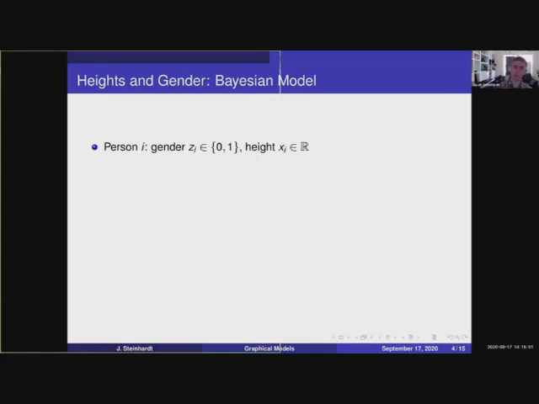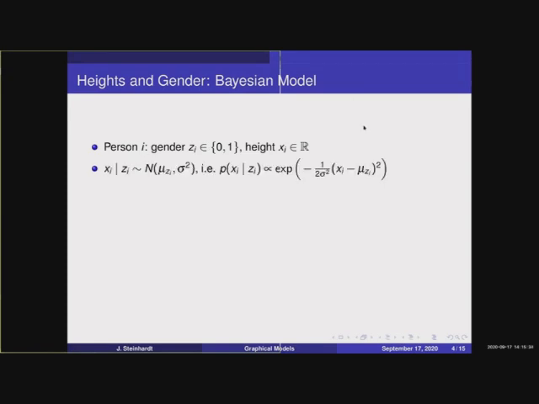Well, we might say for each person i, they have some gender, which we'll label as a binary variable, z_i in 0 or 1, and then height x_i, which is some positive real number. And of course, there are already some problems with this where gender isn't quite binary and there are going to be edge cases, but we can start with this as a simpler model.